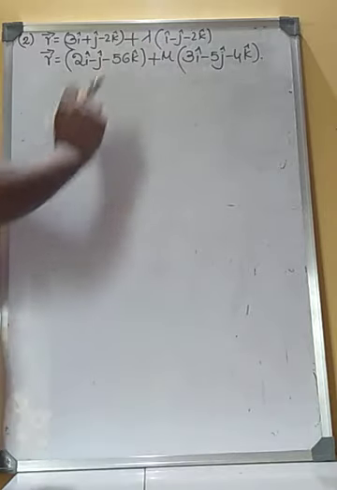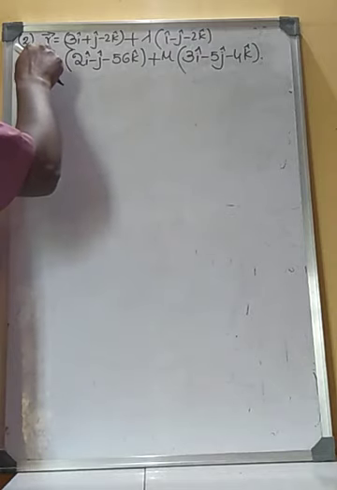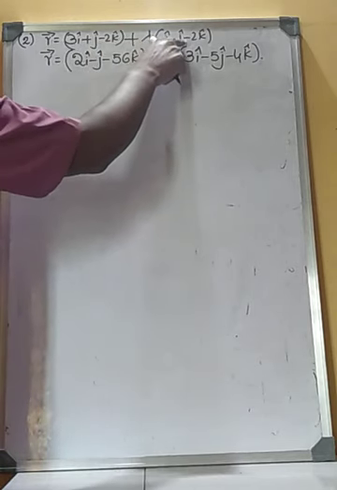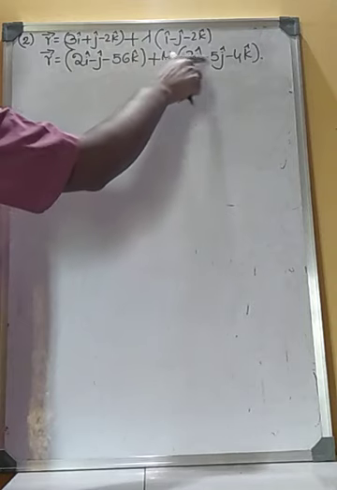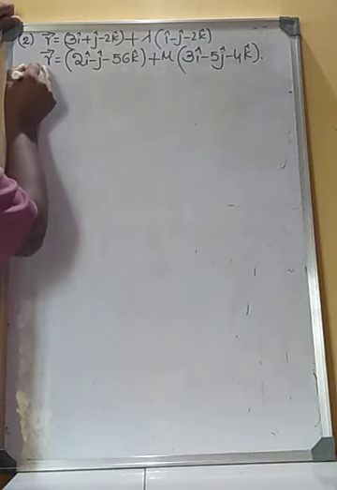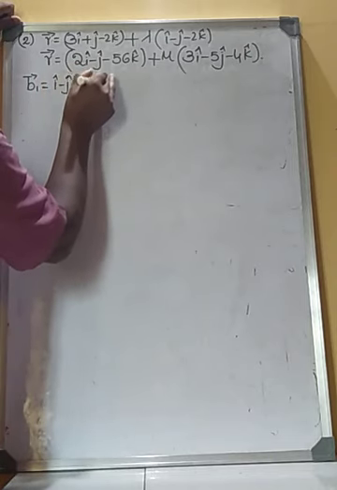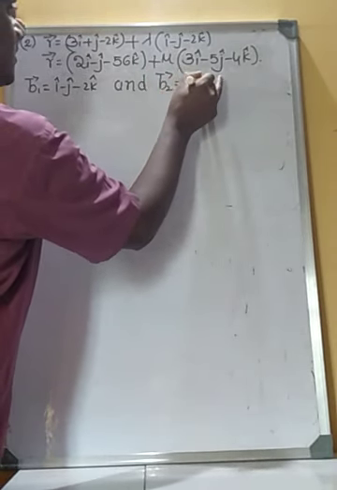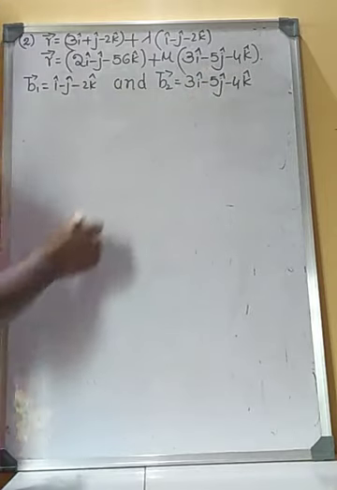Comparing the given equations with the standard equations, that is r vector is equal to a1 vector plus lambda b1 vector, and r vector is equal to a2 vector plus mu into b2 vector, here b1 vector is equal to i minus j minus 2k, and b2 vector is equal to 3i minus 5j minus 4k.